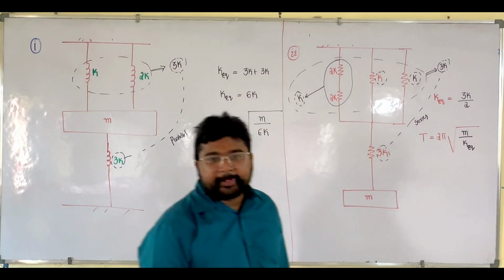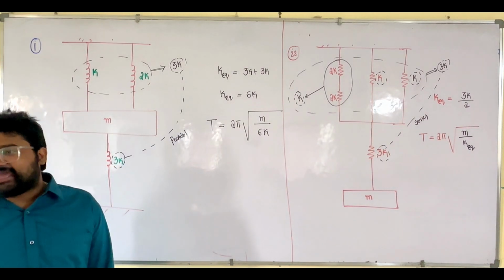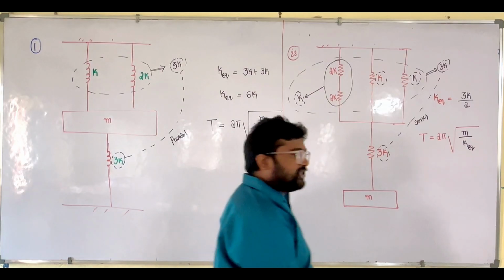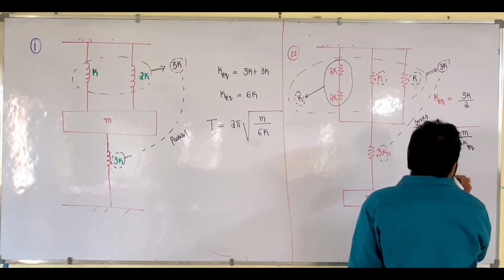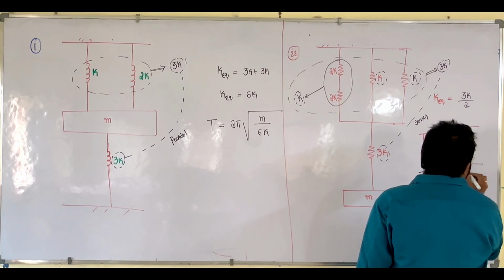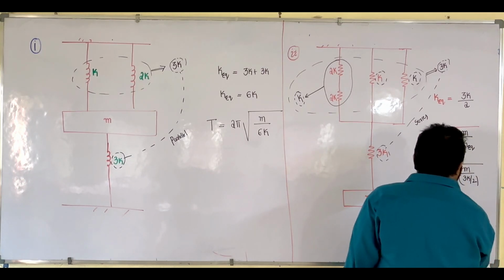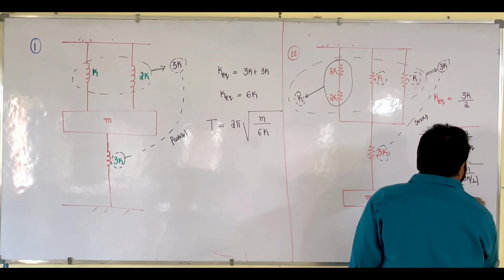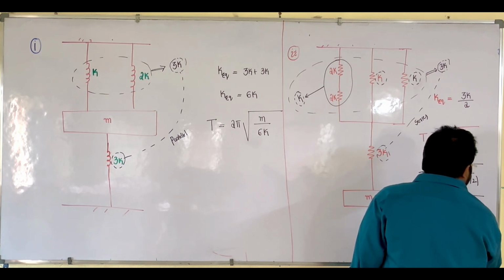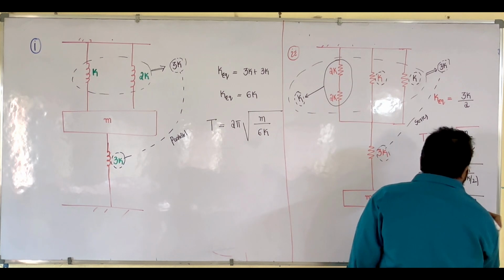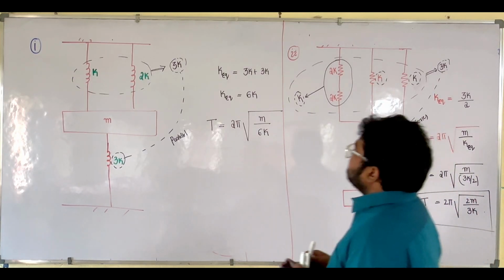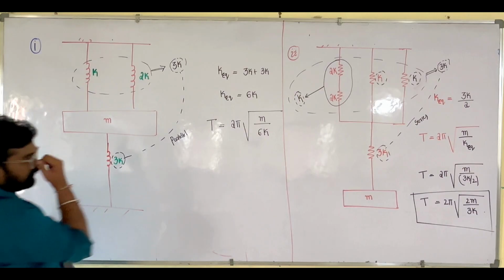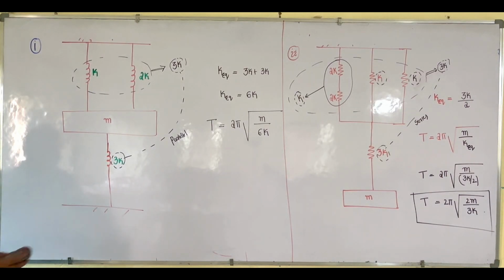So the time period equals 2 pi square root of M by 3K by 2, which is 2 pi square root of 2M by 3K. Clear? Understood or not? Next, write down.